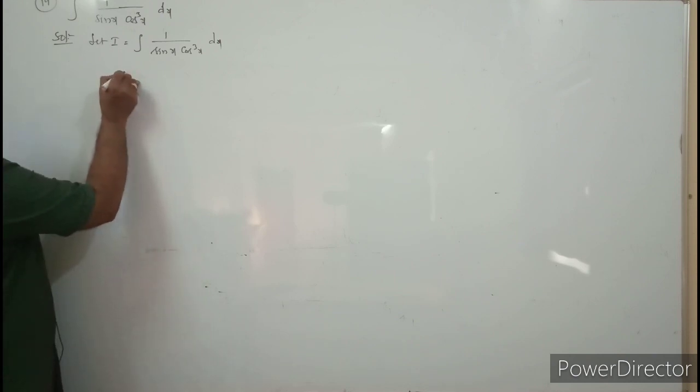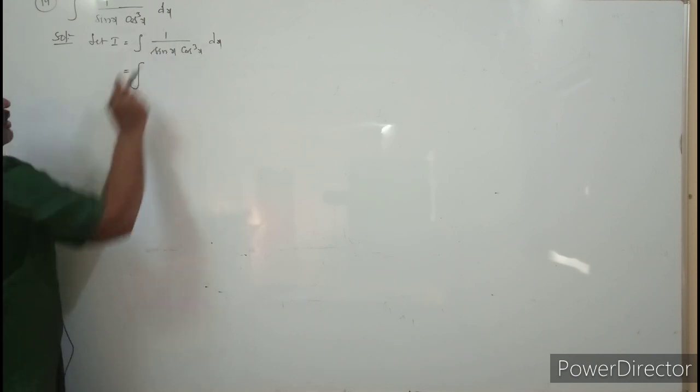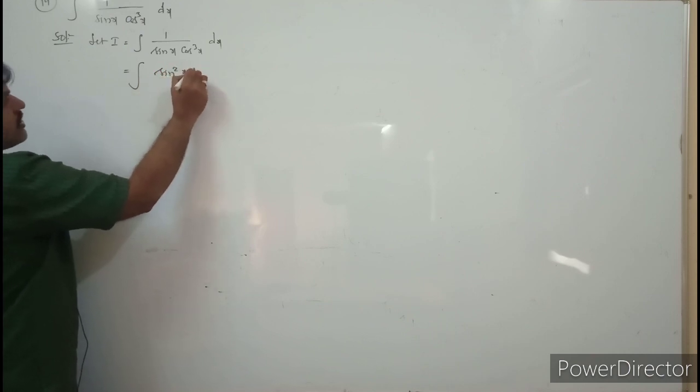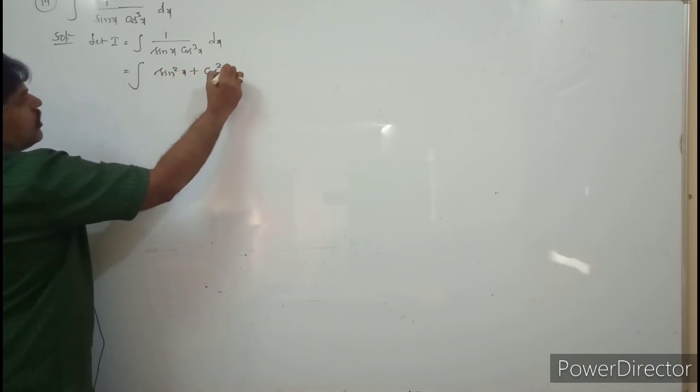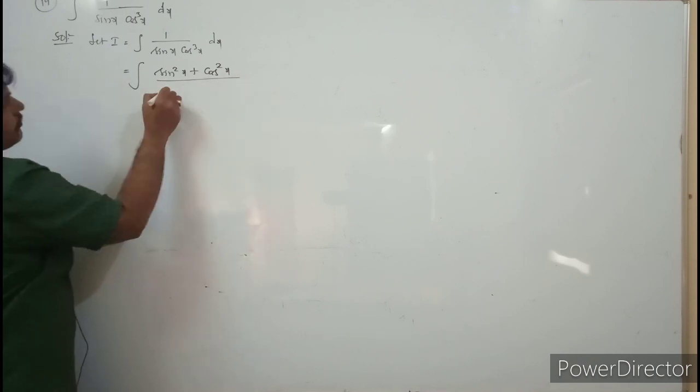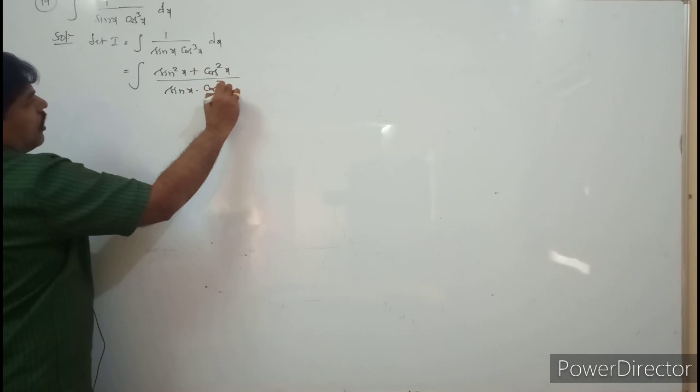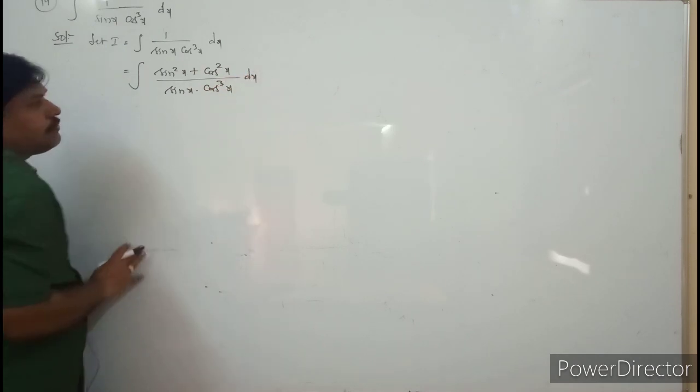So first, this 1, I will change it as sin square x plus cos square x by sin x into cos cube x into dx.